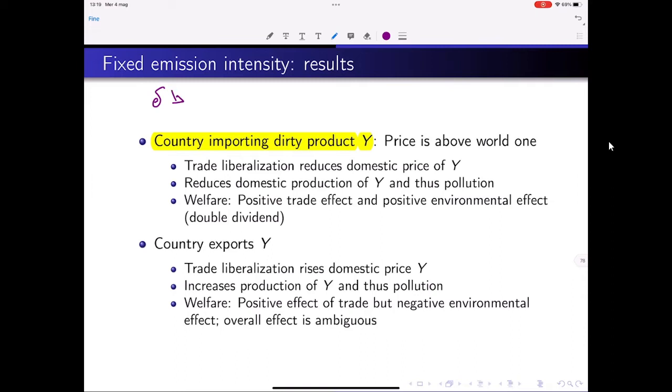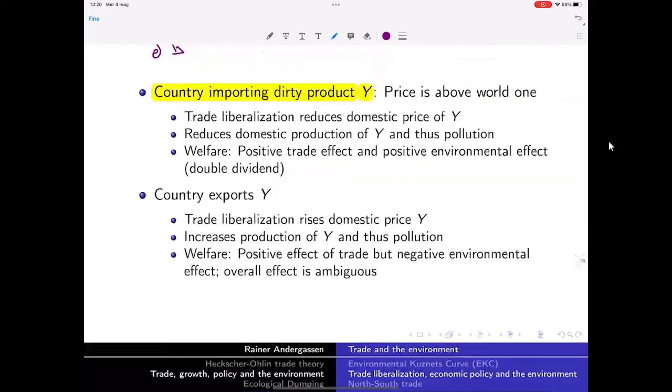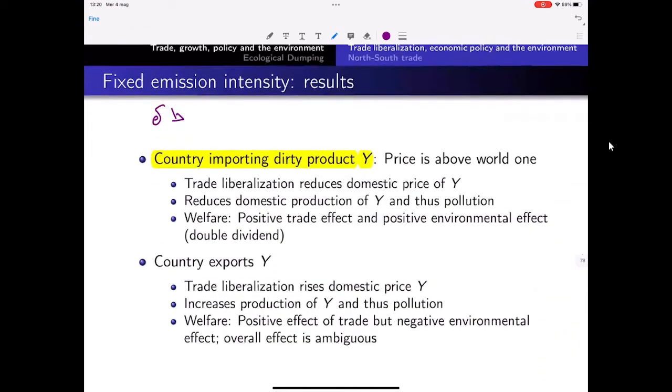Now in this case, again, you have two effects. So remember, this is going to be for the importing country. So you have that PM goes down, and therefore you have that for the importing country, Y goes down and Z goes up. And as a consequence, you have that pollution goes down. And therefore, in this case, you have what is called a double dividend.